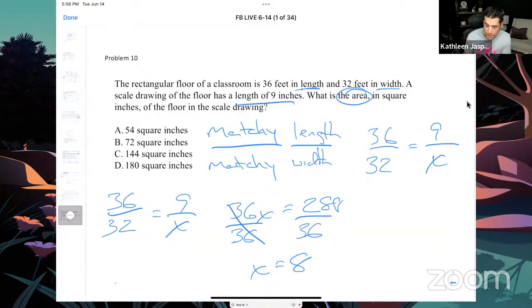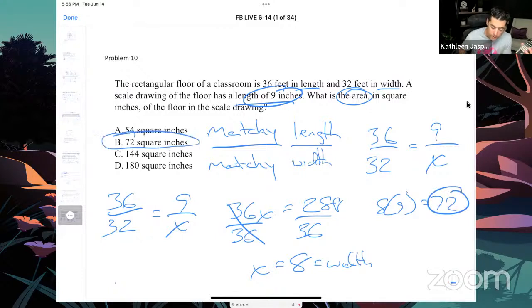That's my new dimension, my width. And my length is 9, so all we have to do is 8 times 9, which equals 72. 72 is the area on the scale drawing in square inches.